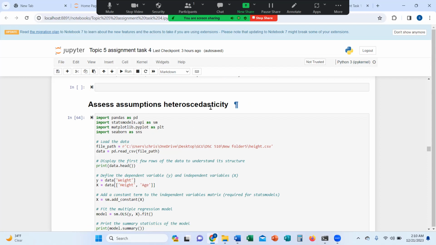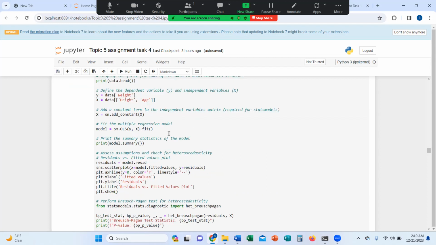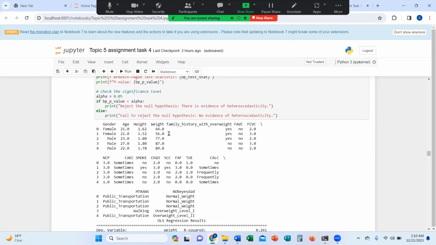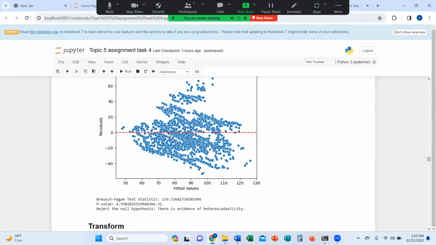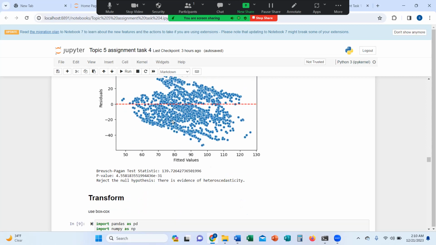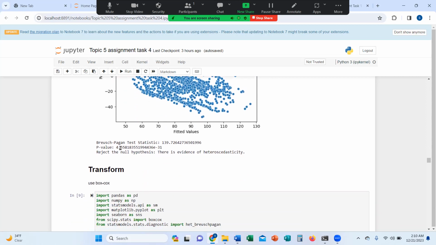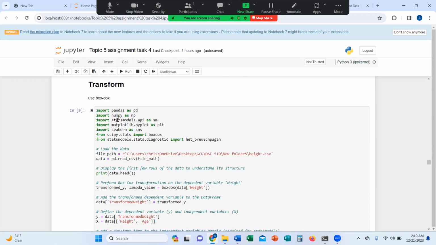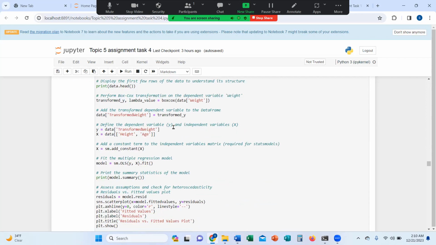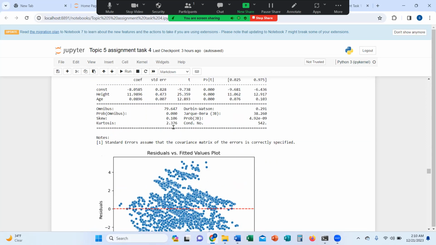For the assumption of heteroscedasticity that I have here, I did the plot and I used the Breusch-Pagan method and I got 139. Here I did a transformation using the Box-Cox method.